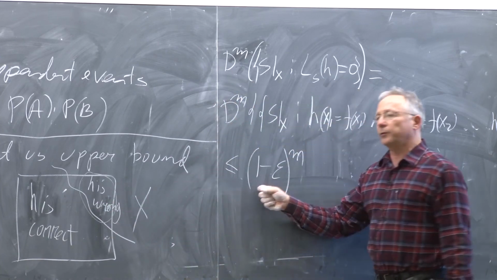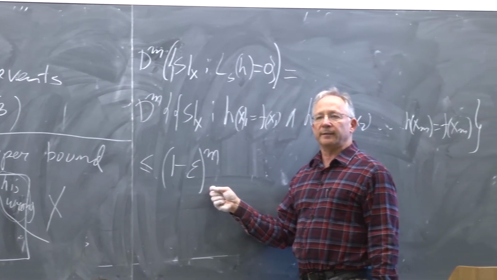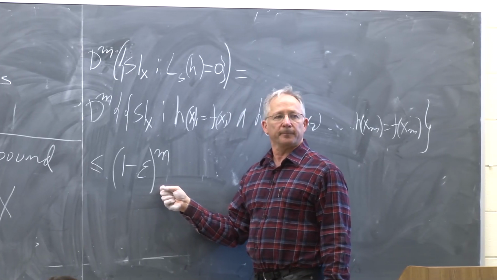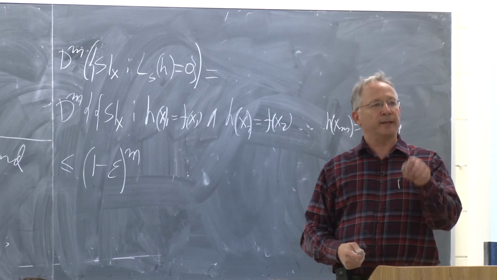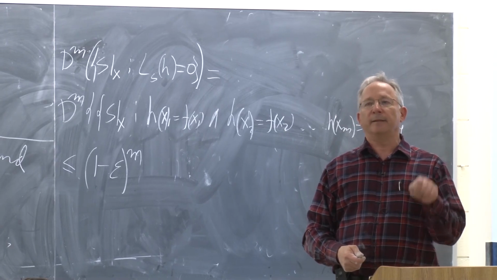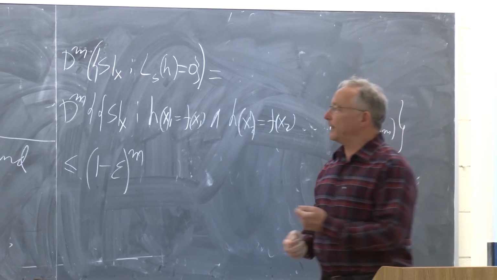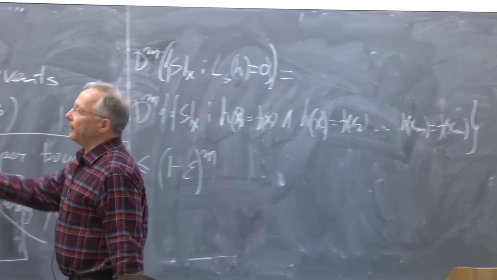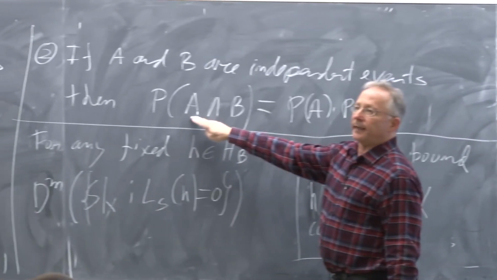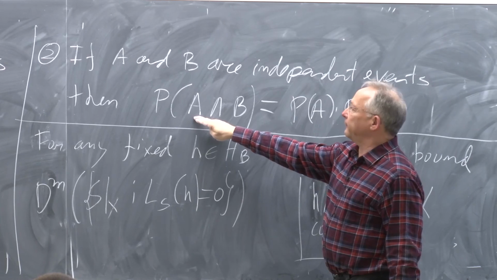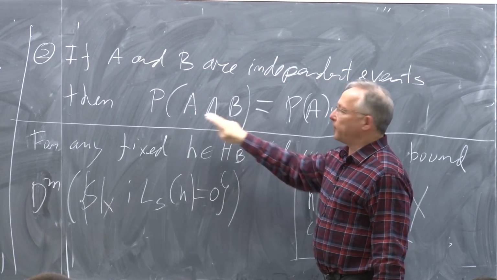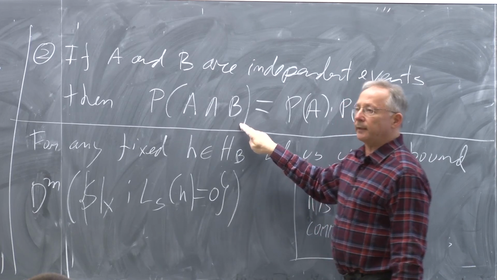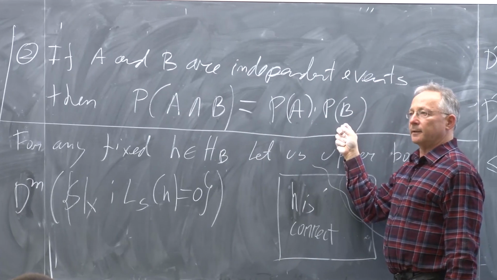Why am I allowed to take the product of those probabilities? Because I assume that the different xi's are independently picked. So since they are independently picked, the event I am right on x1 and the event I'm right on x2 are independent. So the probability of both of them happening is the product of the probabilities.